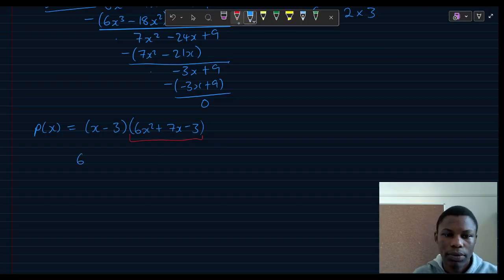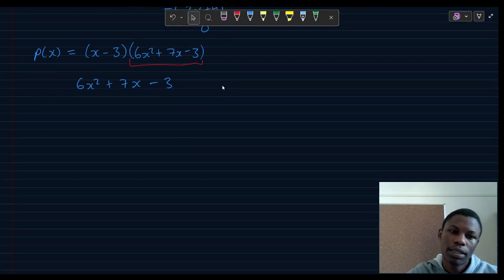So let's take our 6x squared plus 7x minus 3, and we need to factorize it. So let's see what's the approach here.